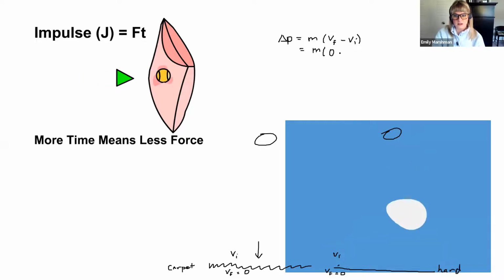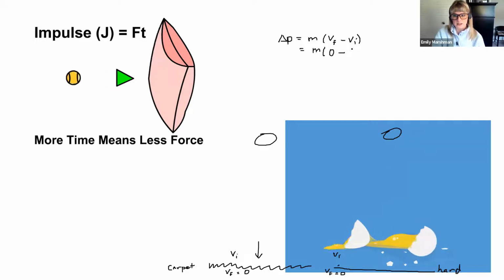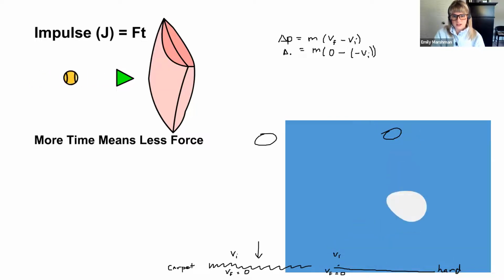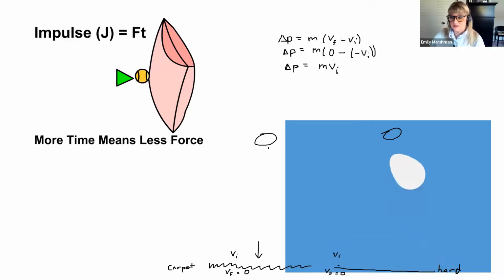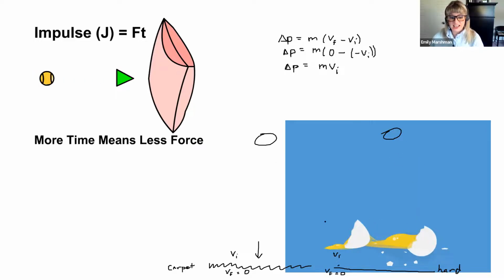Final velocity is 0 minus the initial velocity, which is acting downward, so I'm going to make sure I put a minus sign there. So the change in the momentum of this egg, whether it hits the carpet or the hardwood, is equal to the mass of the egg multiplied by its initial velocity. So the change in the momentum is not different for the egg that hits the hardwood versus the egg that hits the carpet. What is different?